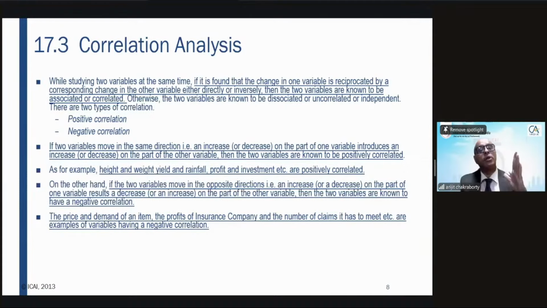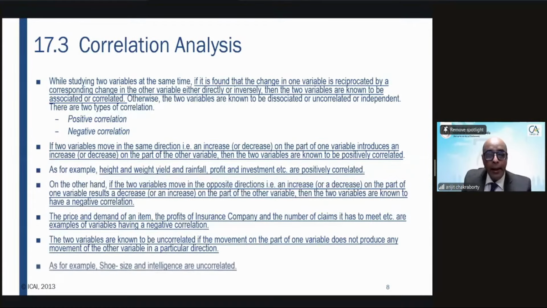So as provision increases, profit is expected to decrease. So provision and profit will move in opposite direction. That means they have negative correlation. So please see that we are discussing commercial concepts, business terms like investment, profit, demand, supply, price, cost, revenue, and so on.